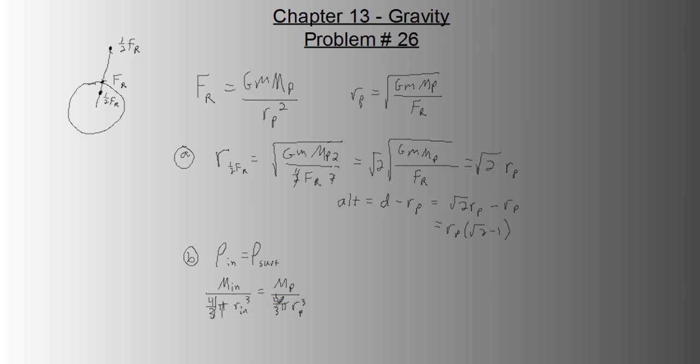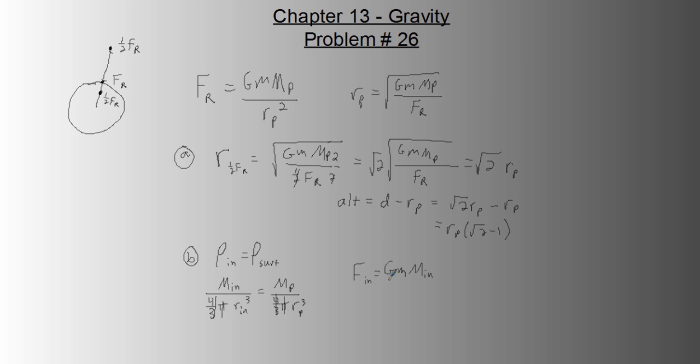The 4/3 pi cancel. And so this is essentially the mass at any radius inside. Alright, and so the force inside, we can use the shell theorem, is first G times your mass, but it's only going to include the mass of the planet that's inside of you.